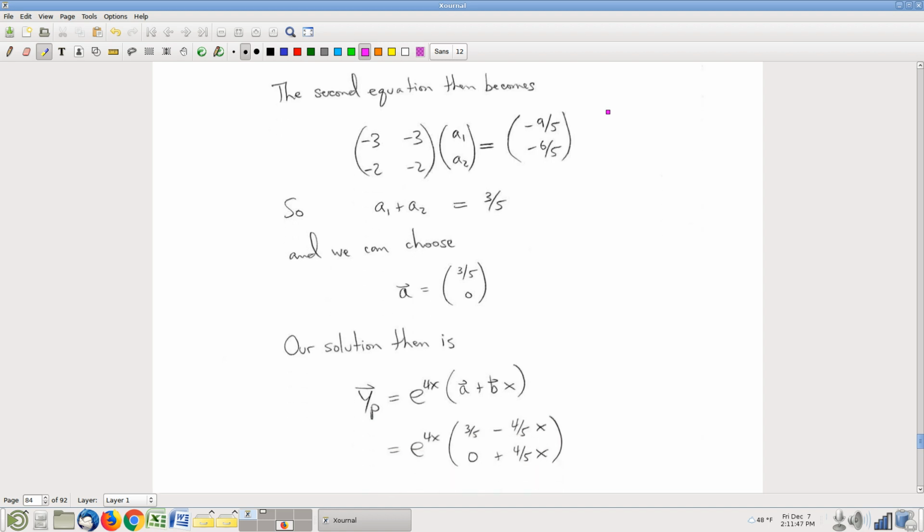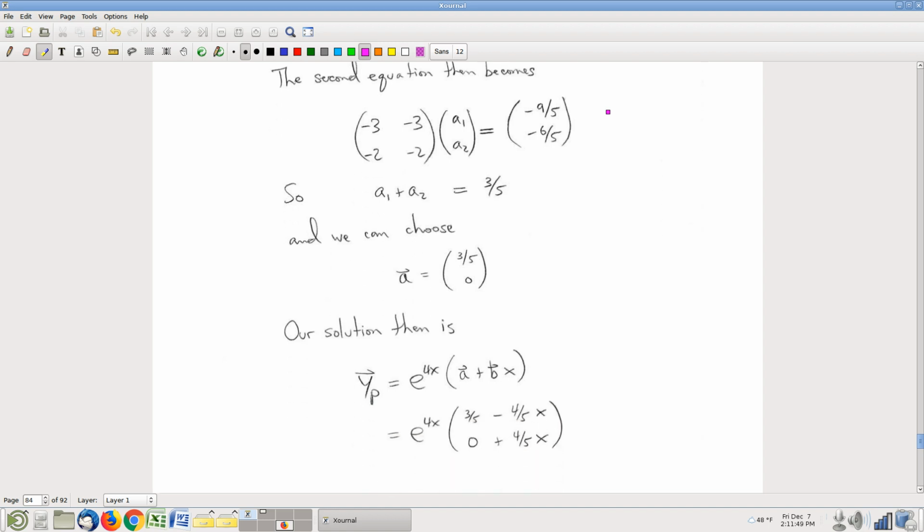I'm skipping the details, it's just arithmetic. So here's your equation for a, and again, this is an easy row reduction, and here's a solution. There's actually, of course, lots of solutions, but this is a perfectly good solution, and all we need is one. And thus, our particular solution.